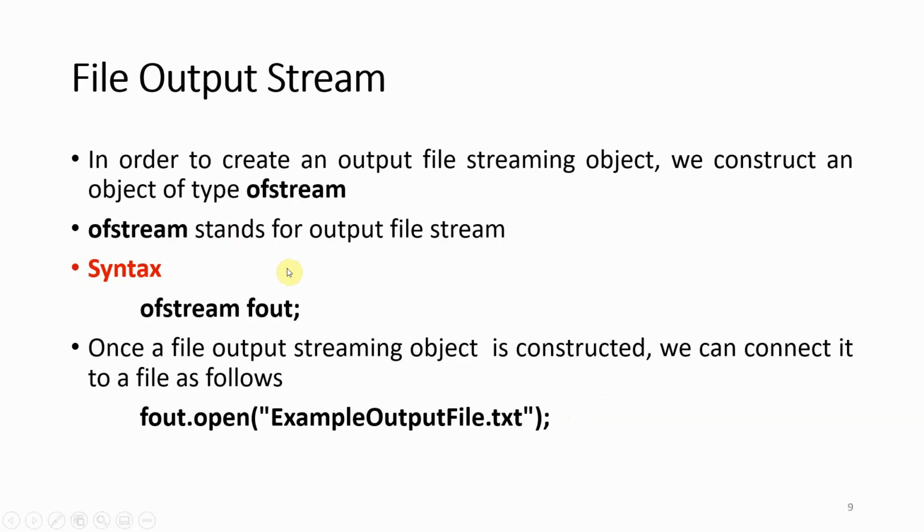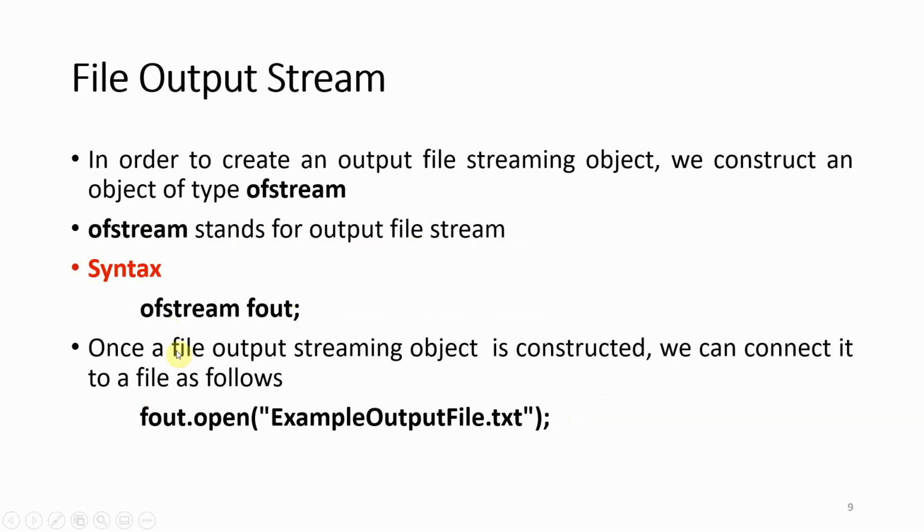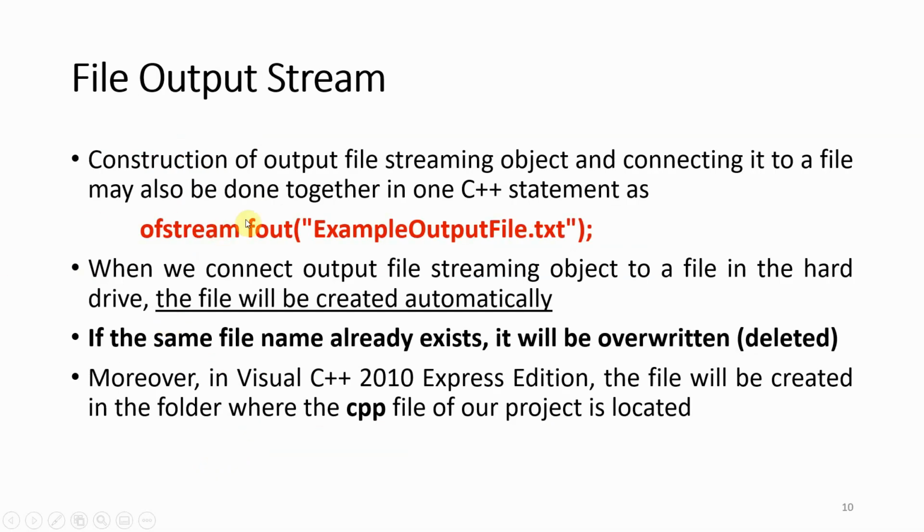And as mentioned here, this class provides a constructor. This is a default constructor that instantiates this object. Now, these two lines that we see here can be merged together into one line. So we don't need to open it if we use the non-default constructor of this class.